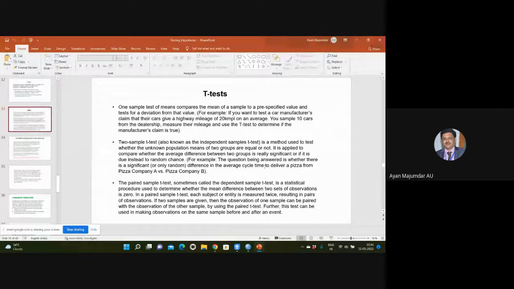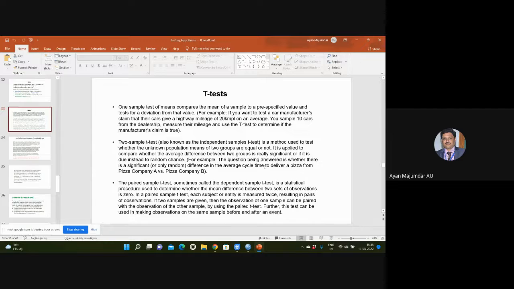The time taken from company A is one sample. The time taken from company B to deliver the pizza is another sample. Now, he wants to know whether there is any significant difference in the delivery time of either company. In that case, a two sample test, also known as the independent sample t-test, will be used.